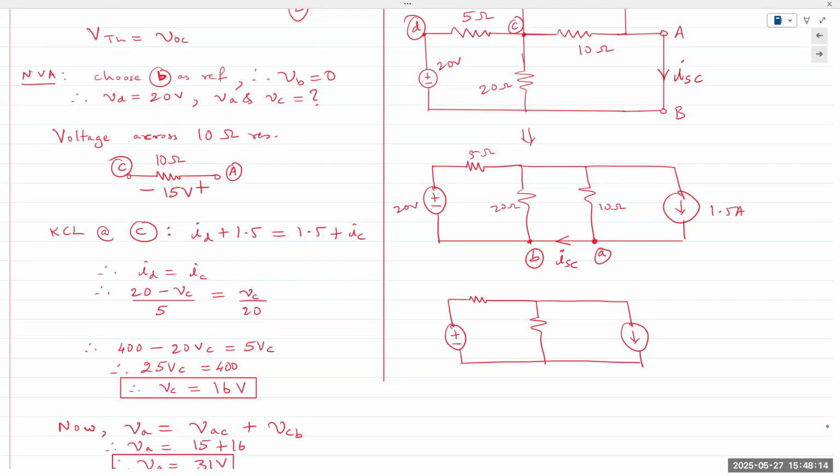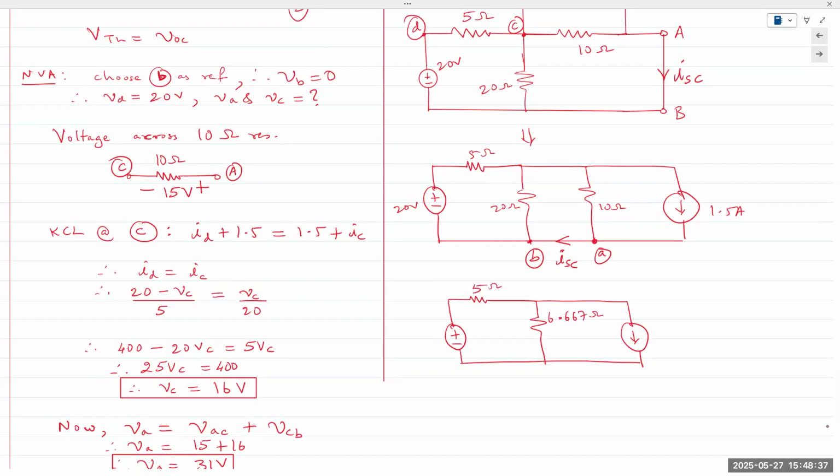Anyone? 200 divided by 30. How much is it? All right, 6.667 ohms. So 20 in parallel to 10. Yeah, 200 divided by 30, 6.667.